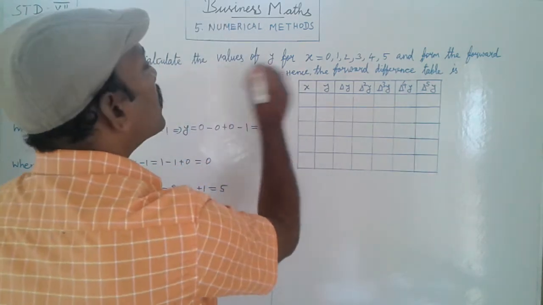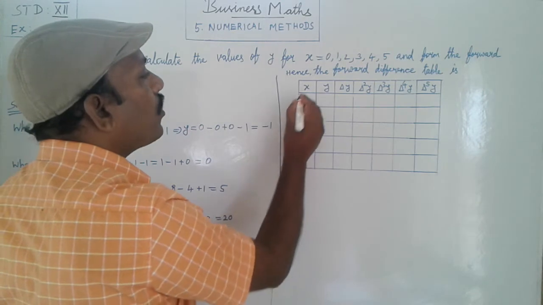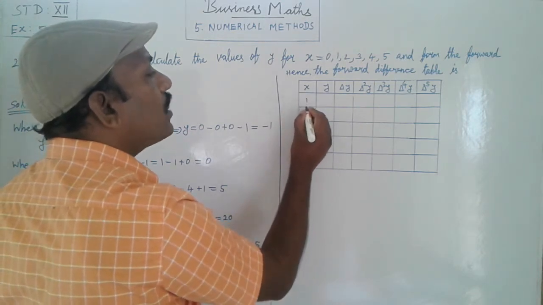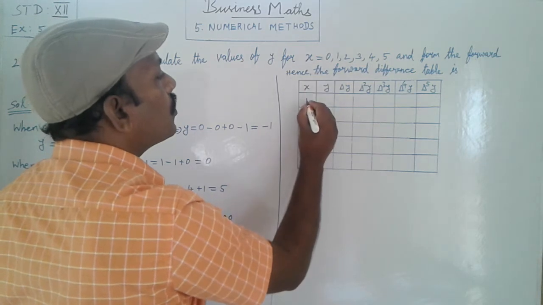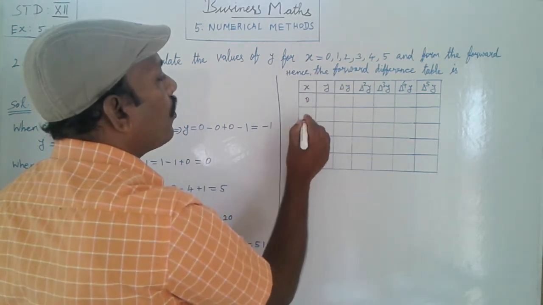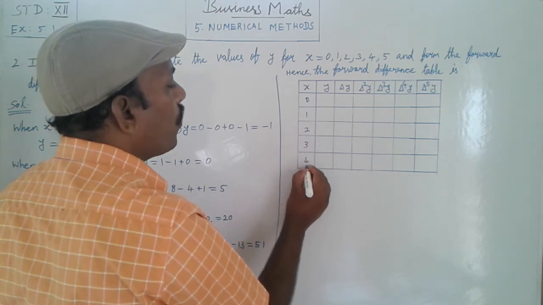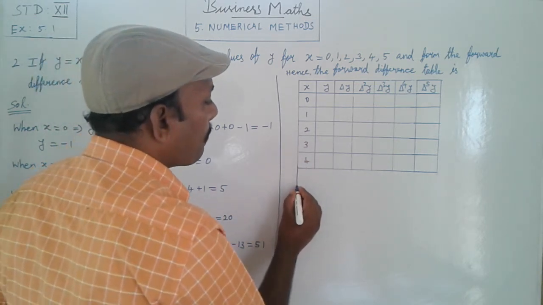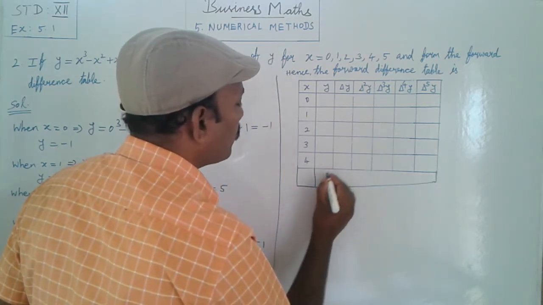So total x values is 5, so delta values also 5 we should find out. The x values are 0, 1, 2, 3, 4 and 5.